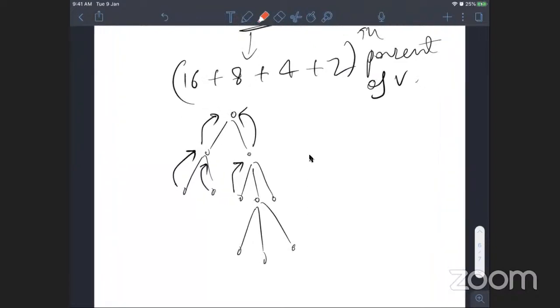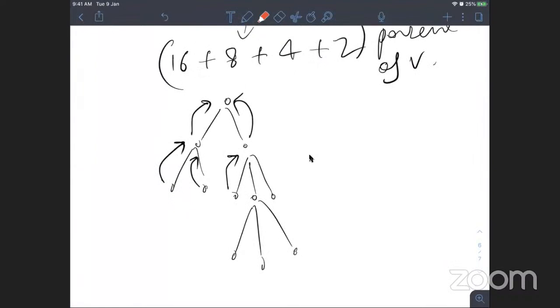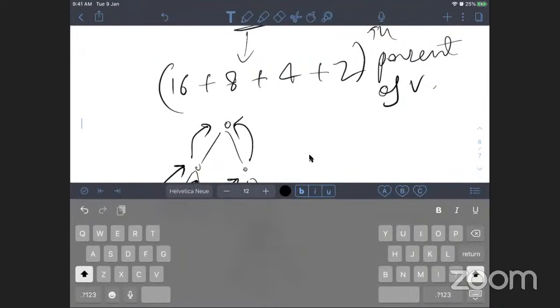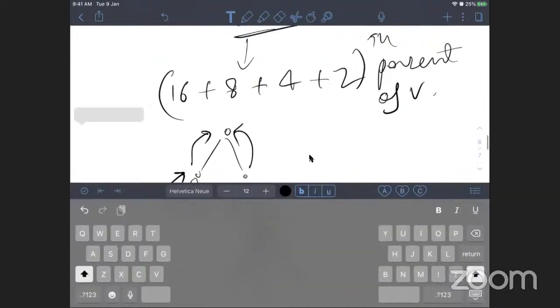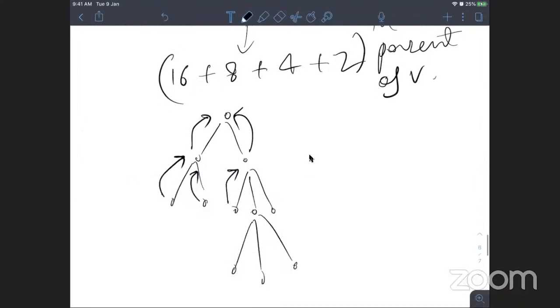Okay, now let me concentrate. Originally we had the information that each node knows its parent. Now we'll have this extra information that each node knows its parent, second parent, fourth parent, eighth parent, and so on, every power of 2th parent.